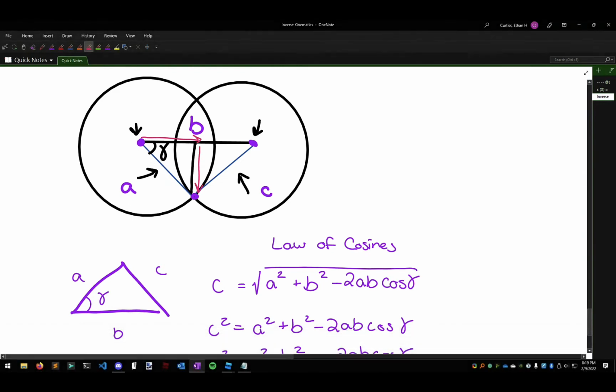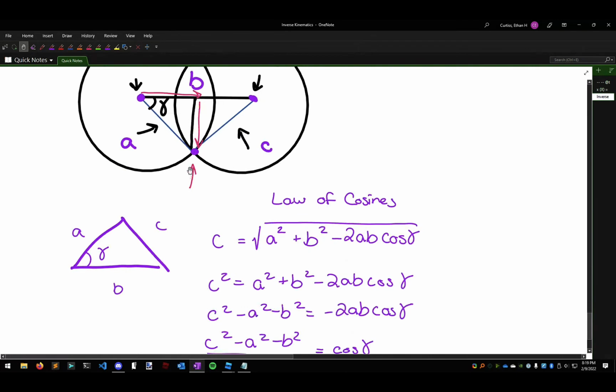Which one are you asking about? I'm trying to remember how to get this elbow. Well, so what you're adding is b cosine gamma comma a cosine gamma and a sine gamma, negative a sine gamma. Right. Yeah, that makes sense. Okay, so yes.